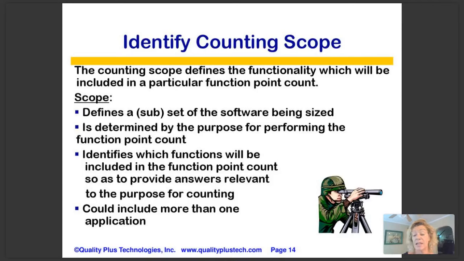So if I want to count phase 1, I'm only going to count those functions in phase 1. And the counting scope, as we mentioned in class, might include more than one boundary. So we might have multiple application boundaries within a scope, and then we would have to do multiple function point counts.